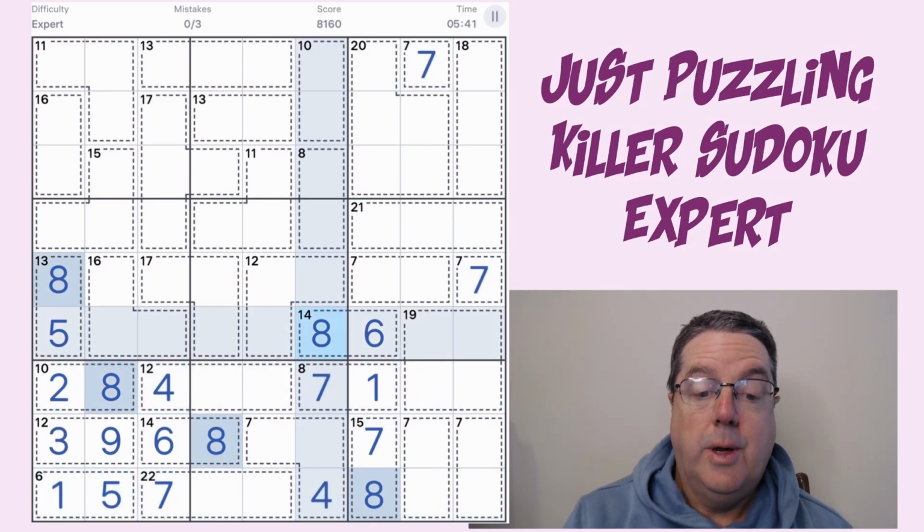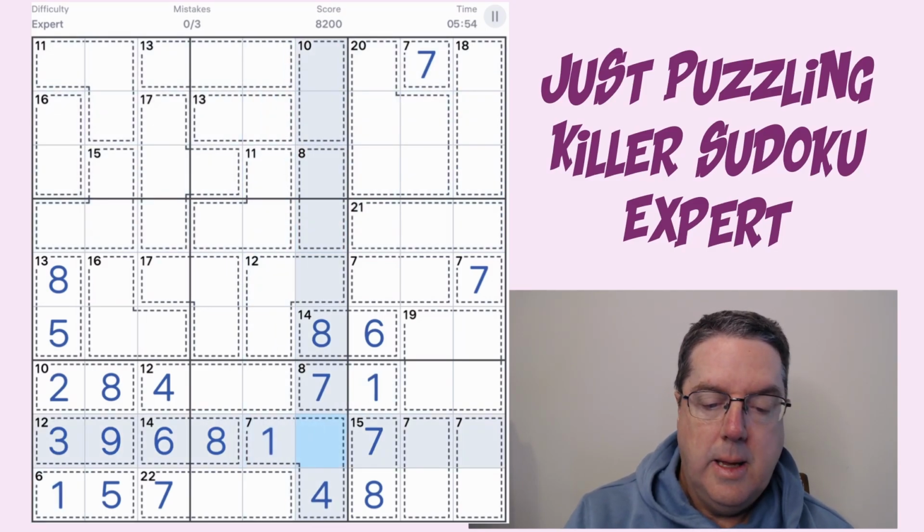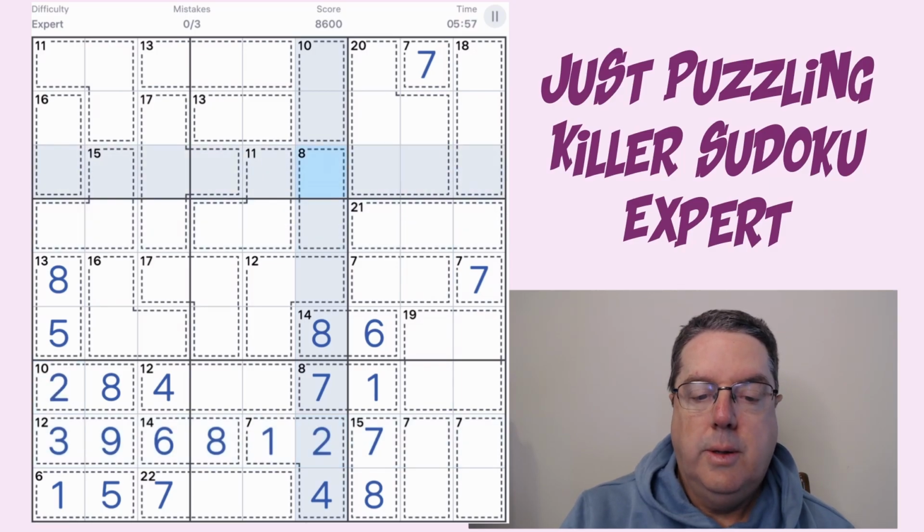Sorry, 7 and 3 is out, 8 and 2 is out. That's 9 and 1, which leads me to believe that this is still a 2, 6. So if that's 9 and 1, that must be a 1 there, and that must be a 2. So this leaves this as a 3, 5 number here, 9 and 1.